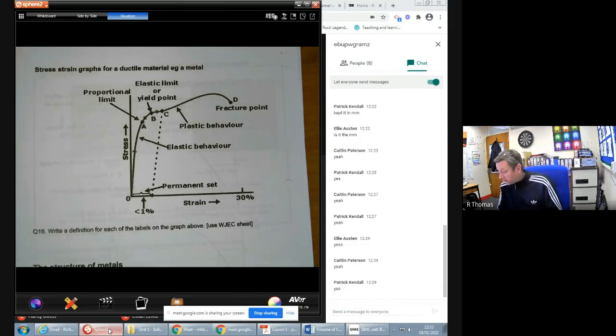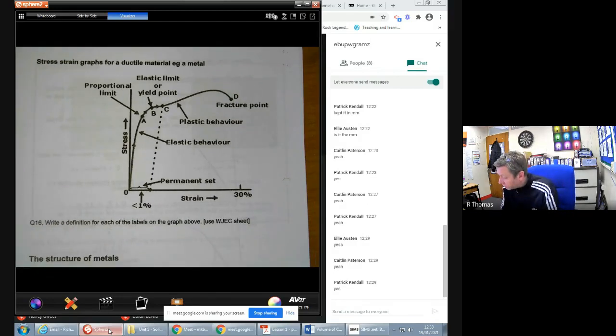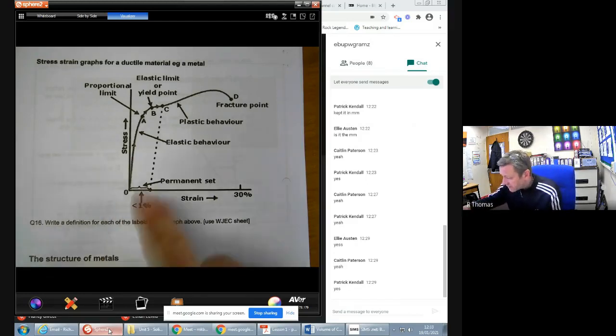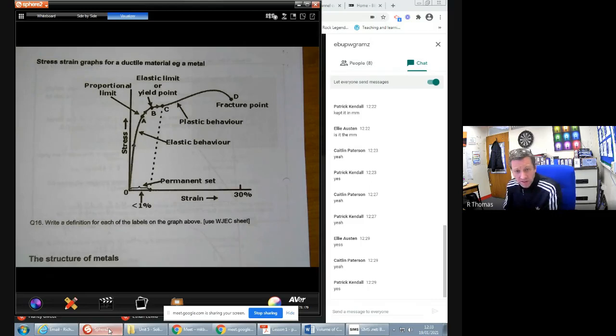You need to write down the 5 or 6 sentences to describe what's going on at each point there. Okay, so that's just something you need to learn. Learn the shape of the graph and learn what each point means. And they're slightly different to each other, but basically it's a straight line, starts to curve, curves a bit more, dotted line going back, but not at the same starting point.